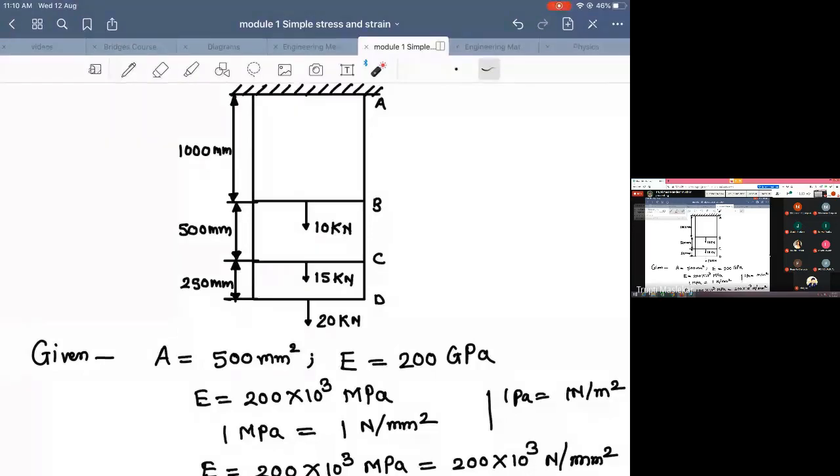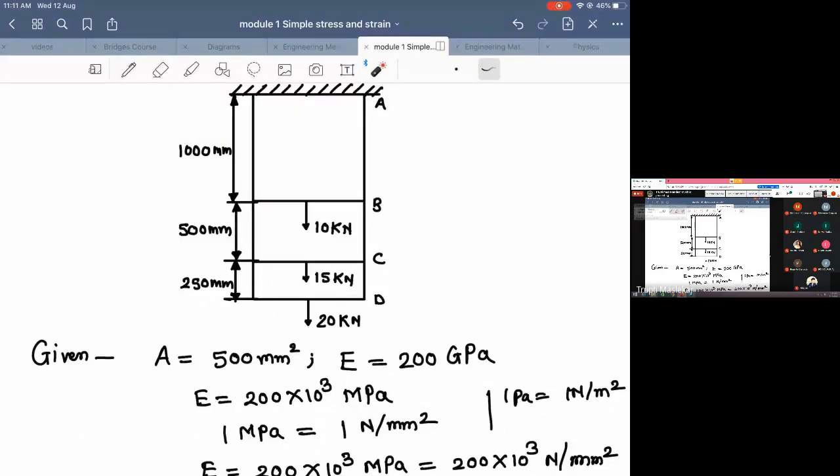But in this kind of problem, there is no need to check the condition of equilibrium, because one end is fixed, and that gives a reaction equivalent to the applied forces. So the fixed end will develop the same reaction as the applied force. We can avoid the first step.